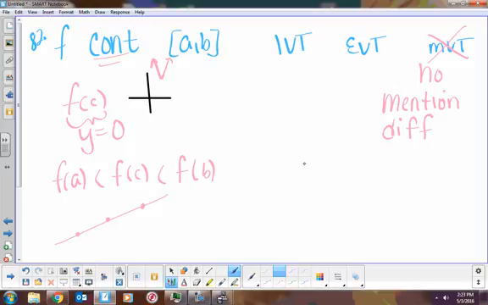Part C. Now they're saying the y value at C is bigger than or equal to every other y value in that interval. Is that the extreme value theorem? Does the "equal to" bother you? It used to bother me, but this is why they put it.